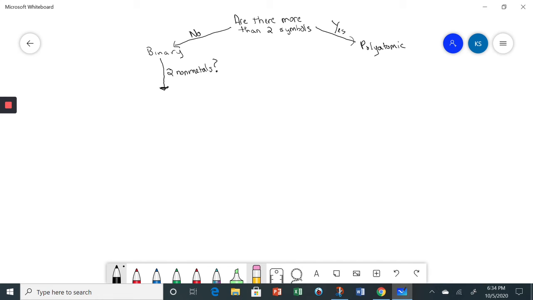If the answer is yes, we can use prefixes. If the answer is no, the next question is, is there a transition metal?